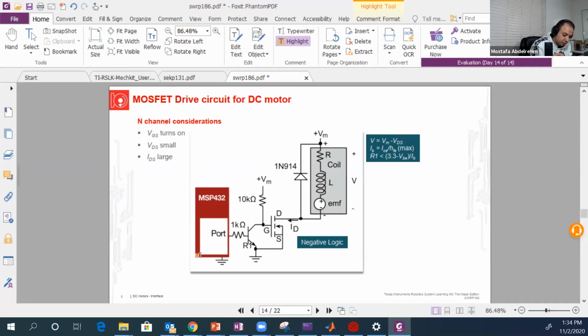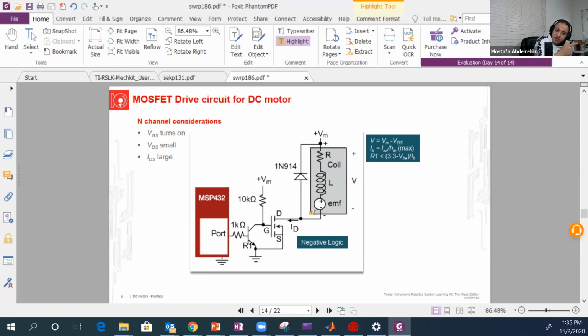And if this will work, all the current will go into the BJT transistor, and nothing will go to the VGS, the voltage between the gate and the source of this NMOS transistor. So it will be off. And if this guy is off, there will be no current flowing in the motor, so the motor will not rotate.